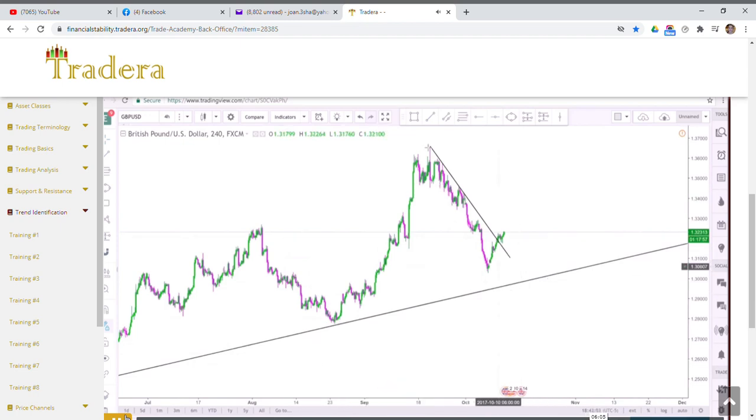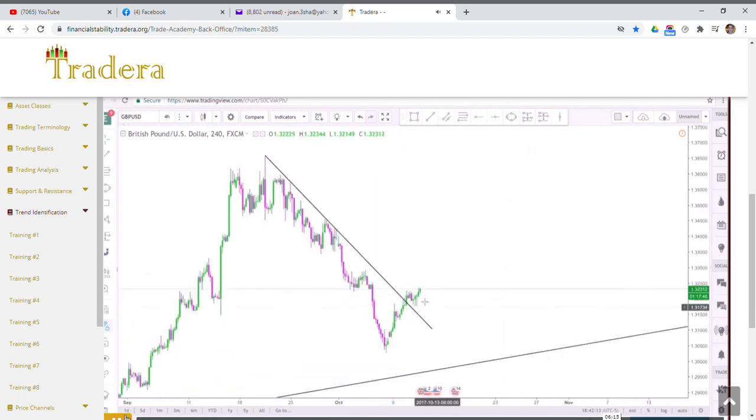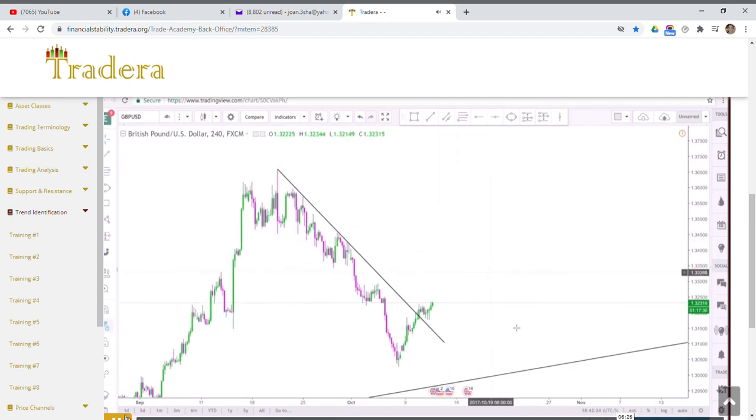Now you have a break of your seller's trend line, your counter trend line, and a retest. This was a grade A entry. This is a perfect entry. It gave you 1, 2, 3, 4, 5, 6 4-hour candlesticks to take the buy. It gave you plenty of chances.